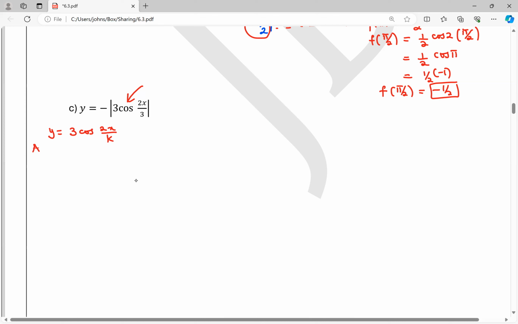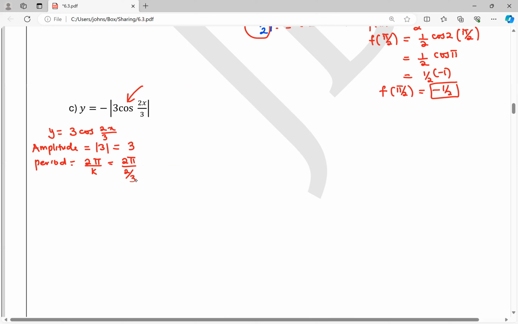So our amplitude is going to be the absolute value of 3, which is 3. And the period is going to be 2 pi over k, which is 2 pi over 2 over 3.